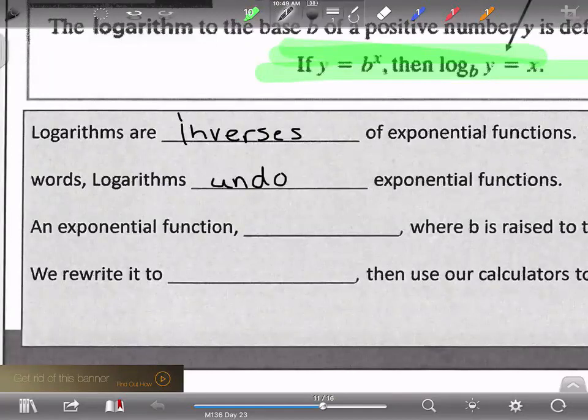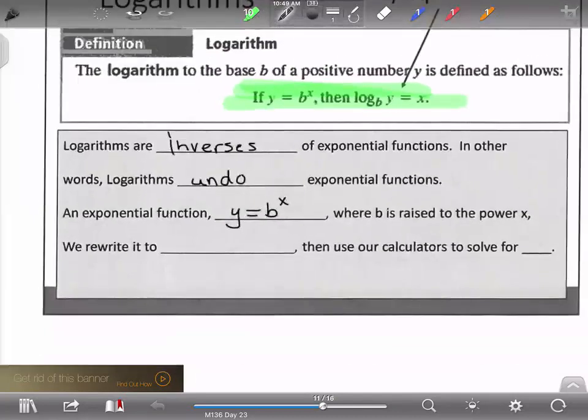In other words, logarithms undo exponential functions. An exponential function y equals b to the x power, where b is raised to the power of x. We can rewrite this as log base b of y and use our calculator to solve for x. So logarithms are commonly used when we have an exponent that is a variable.